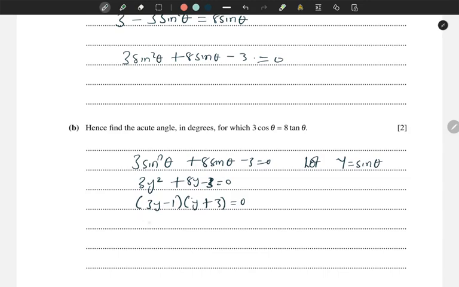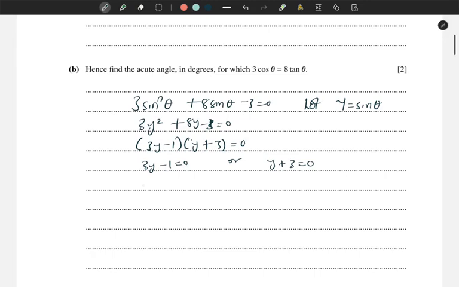So 3y minus 1 equals 0 or y plus 3 equals 0, because for the product of two factors to be 0, one of the factors must be 0. Then y is 1 over 3 or y equals minus 3.